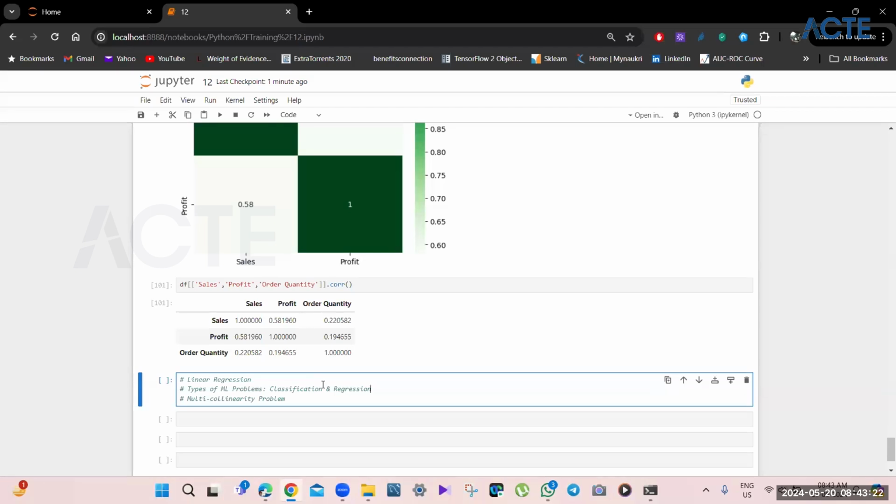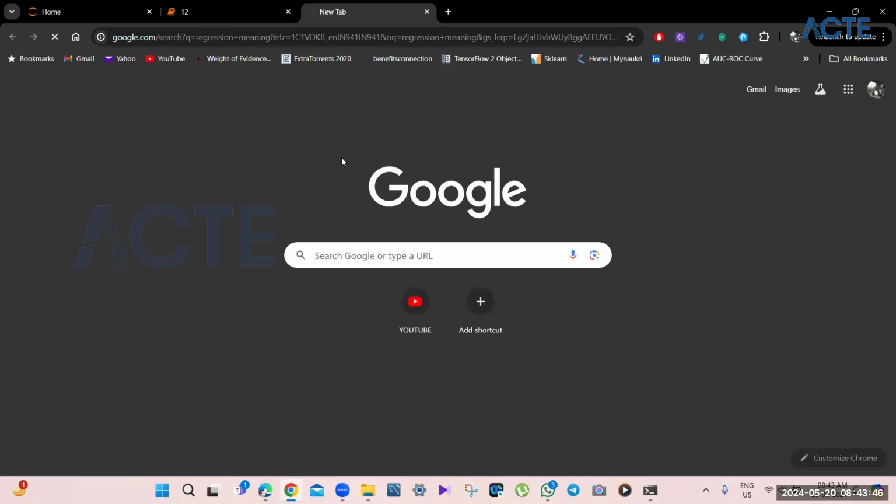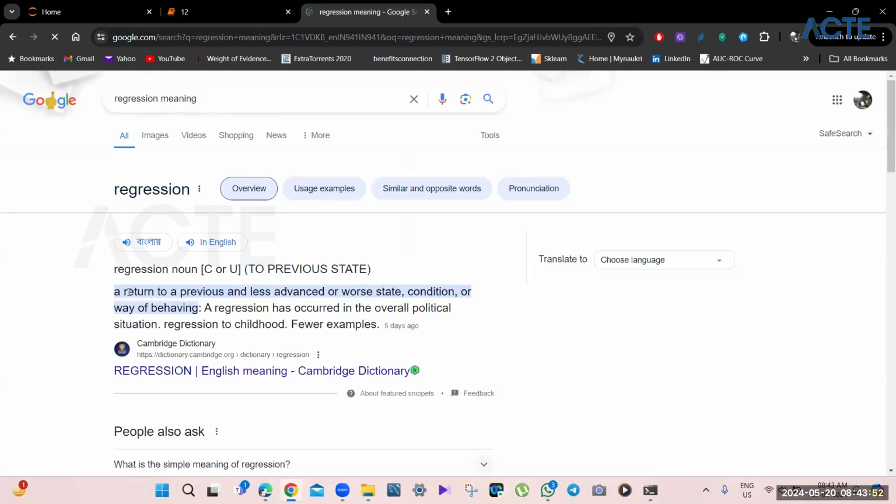Now what are they? Classification means, as the name says, if you want to classify the final outcome, that will be a classification problem. And regression means if you want to forecast the final outcome. If I see the literal meaning, a regression is a return to a previous or less advanced or worse state or way of behaving, right?